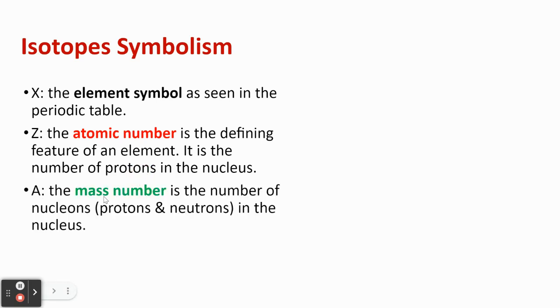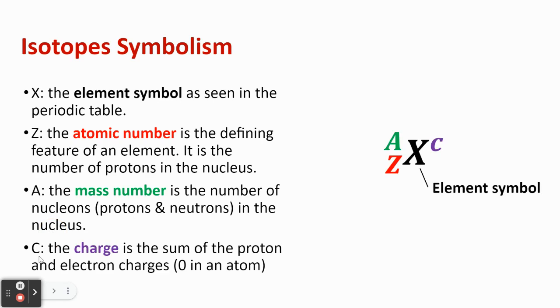A stands for the mass number, and the mass number is equal to the number of nucleons, protons and neutrons, that are found in the nucleus. And C stands for the charge on that atom, which is the sum of the protons and the electrons in that particular particle. For atoms, since the number of protons equals the number of electrons, that value would be 0.